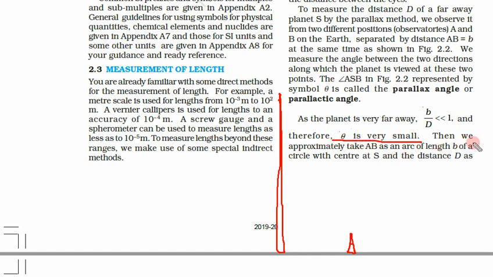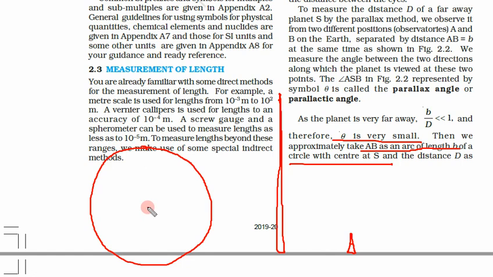If theta is very small, we can take AB as an arc length of a circle of radius D with center at S. So suppose we draw this circle with the star as its center.